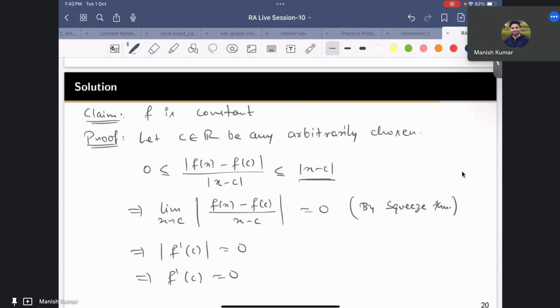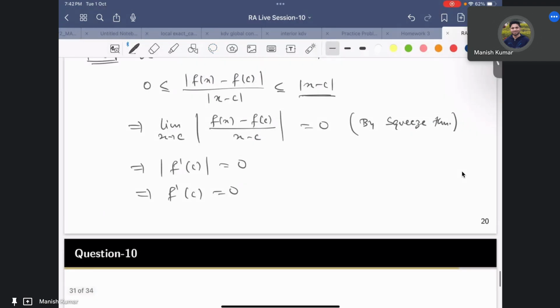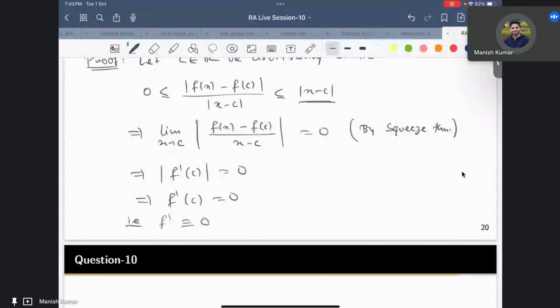Okay, then it says that f prime at c is 0. That means f prime is identically equal to 0 on the whole of R, correct? And this tells you that f is constant.